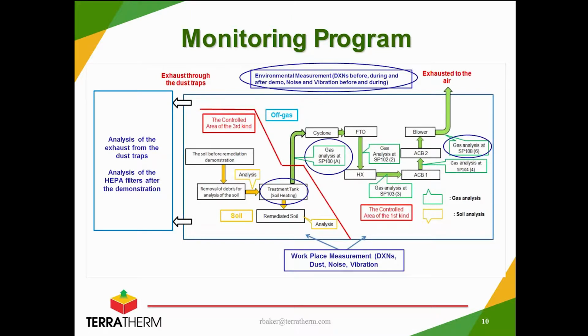Then we have the treatment train and the off-gas as it was prior to being exhausted to the environment. Also, and rather unusually, the ambient air was measured around the property, and I will talk about that next. But there were also a lot of other things measured in this demonstration scale project.